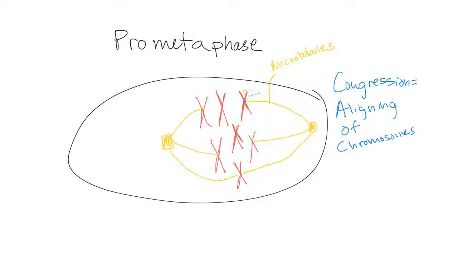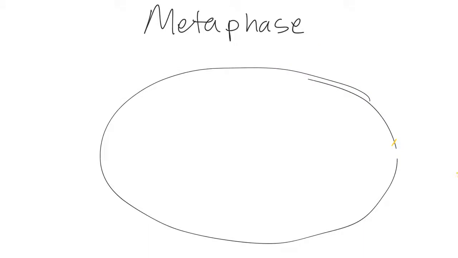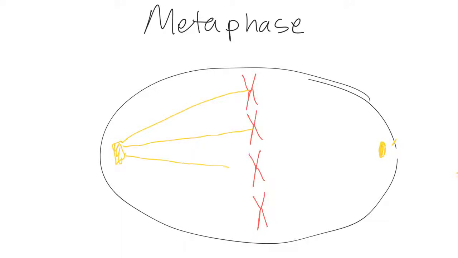All right, so then the next stage, metaphase. The microtubules have then guided the chromosomes so they are aligned on top of each other.